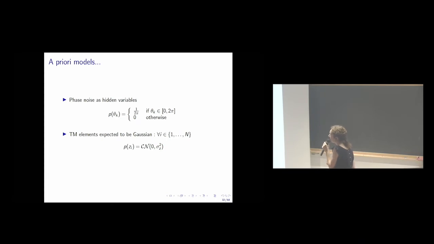What I can assume is that these phases are uniformly distributed in this interval, and this is what I put in my prior model for the phases. Then, for the transmission matrix elements, I expect them to be Gaussian. It would be good, actually, and this is what I assume in this prior model.